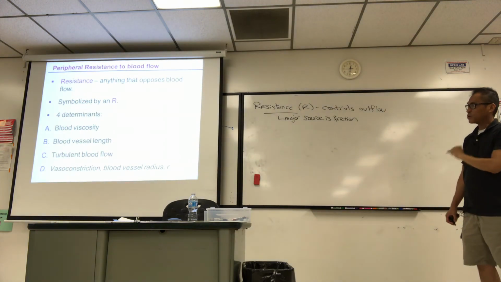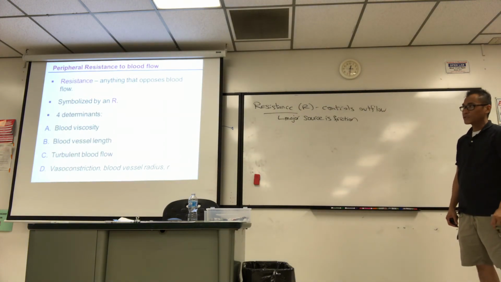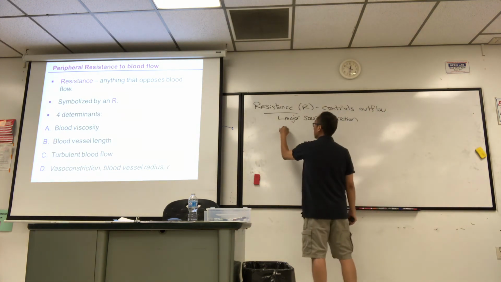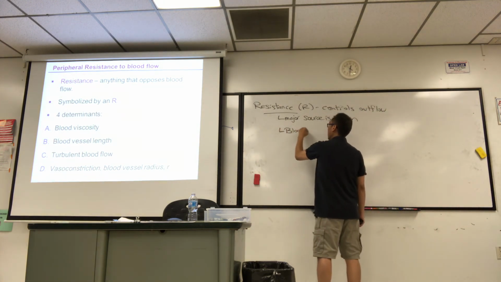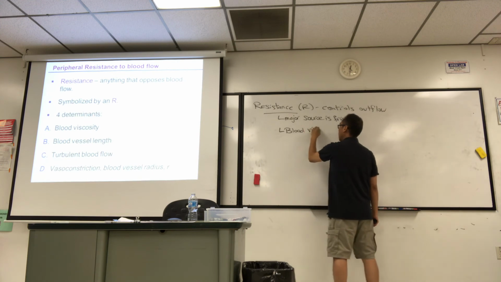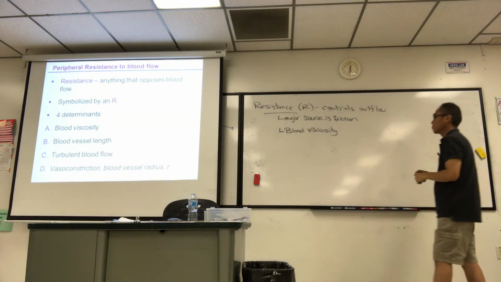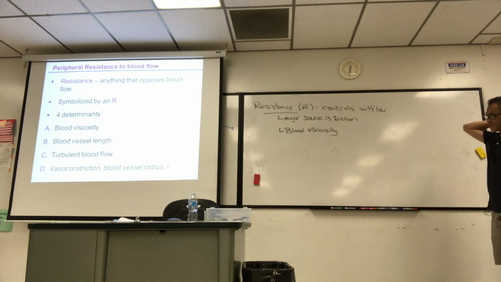But I have these other determinants besides friction. For example, blood viscosity. Blood viscosity is the goopiness of blood.